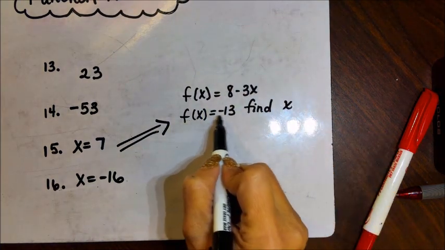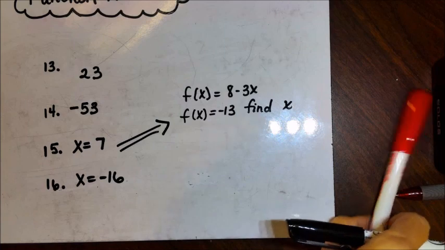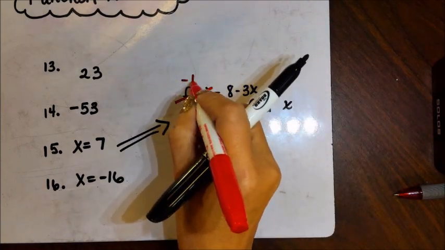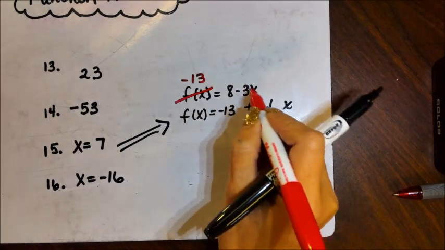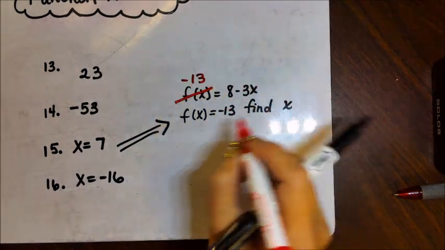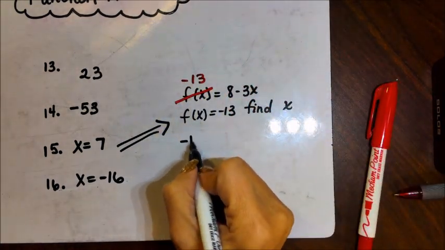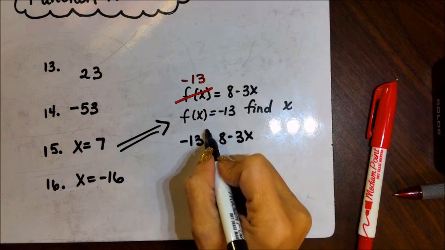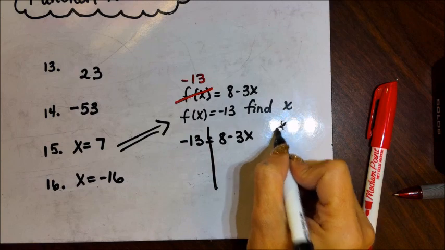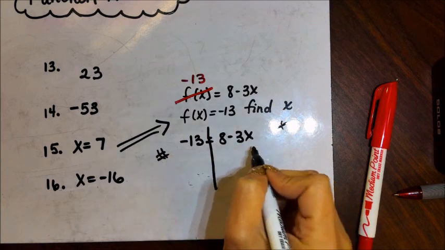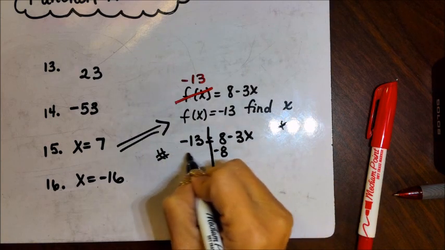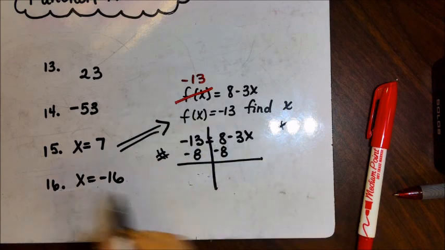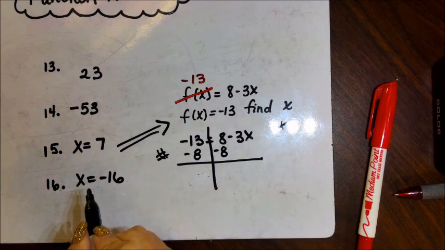If f of x equals negative 13, they're basically saying if you change f of x to negative 13, can you solve this equation for x? You would say negative 13 equals 8 minus 3x. Draw your line. This is your x side, this is your number side. I would start by subtracting 8 from both sides, and then I'm going to let you finish it from there. 15 and 16 both do the same thing.